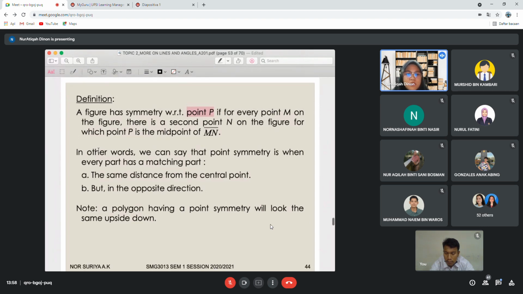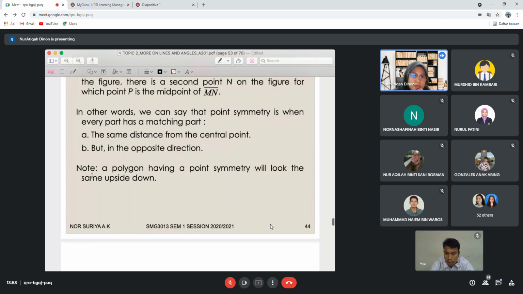In other words, point symmetry is when every part has a matching part at the same distance from the central point, but in the opposite direction. A polygon having point symmetry will look the same upside down.